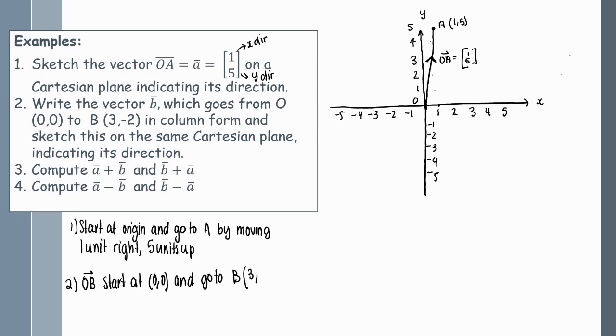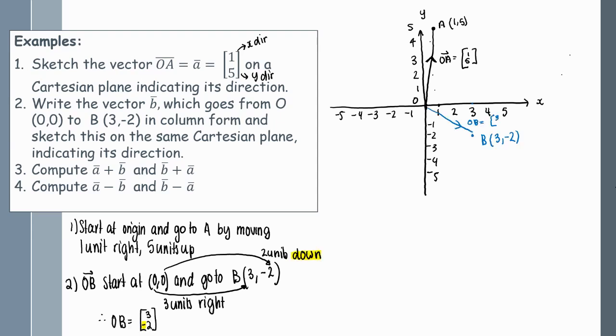To get from x equals 0 to x equals 3, I'm just going to move 3 places to the right. So my first component in my column vector will be 3. But for the y component, moving from 0 to minus 2, I'm going down 2 units here. So my second component will be negative 2.